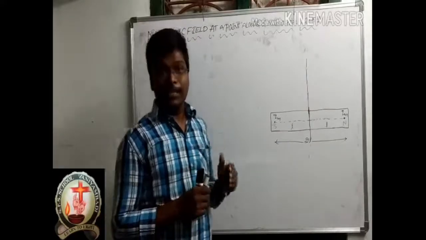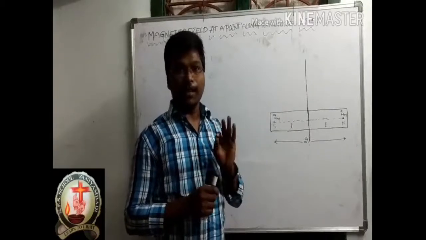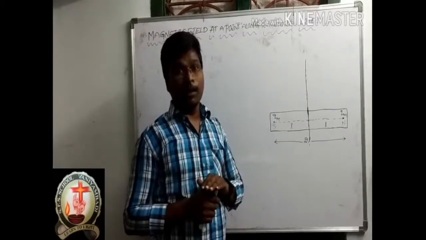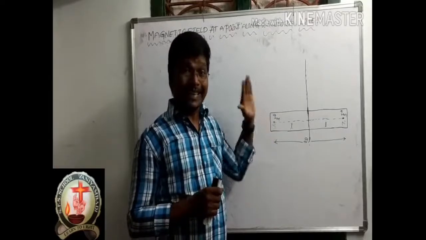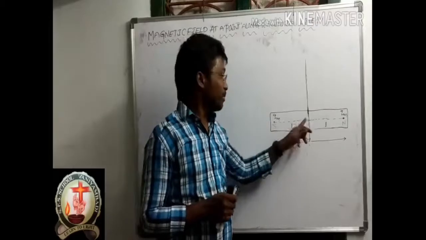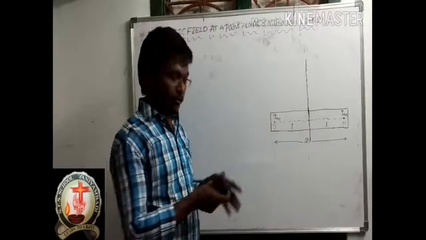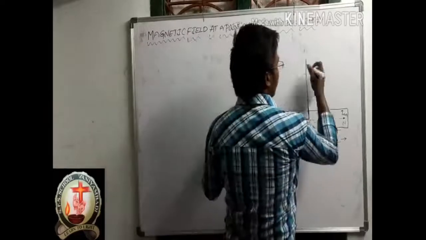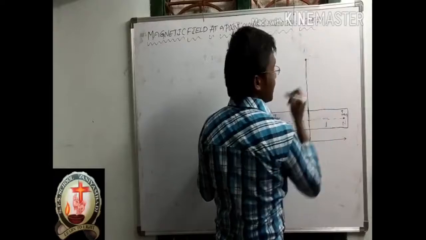Let us consider a point C, placed on the equatorial line at a distance r from the midpoint of the magnet. On the equatorial line I am considering one point, and that point's name is C.